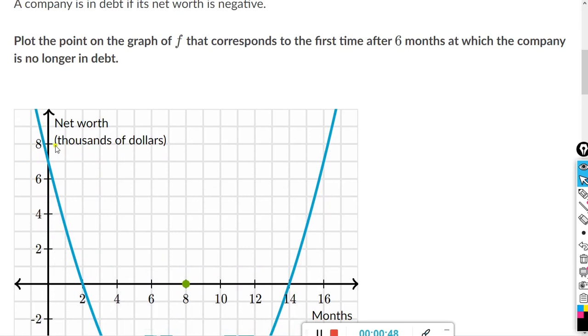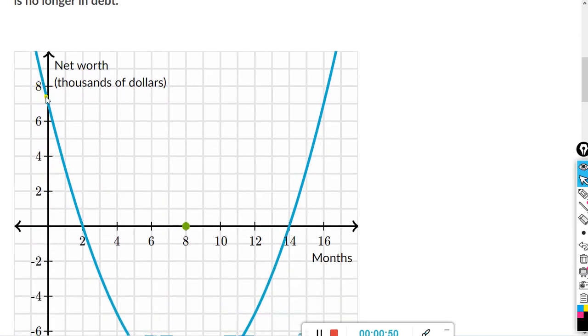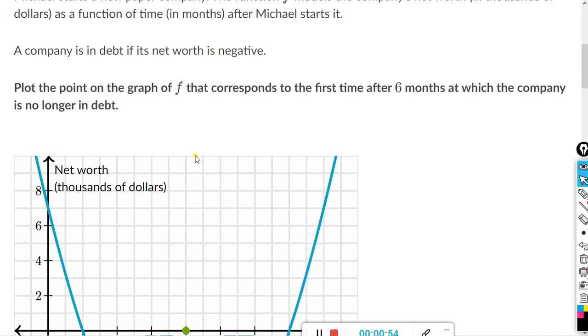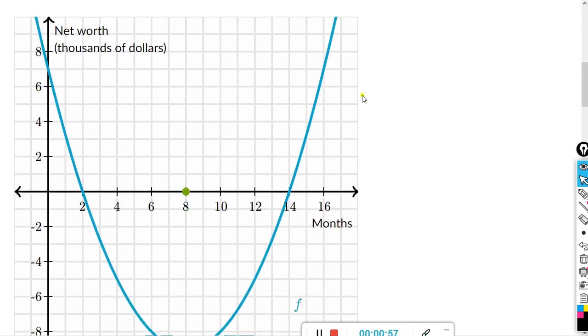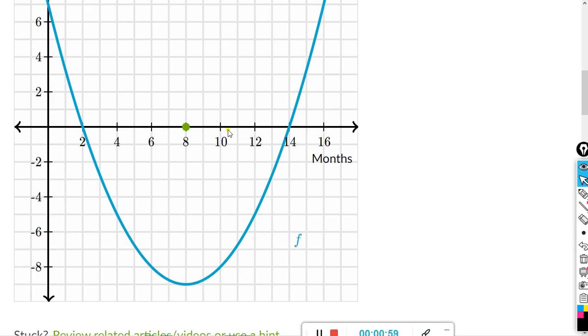All right, so here's the net worth on the y-axis. And it says after 6 months when they're not in debt. So the x-axis is months. Okay, here's 6 months, but they're still in debt at 6 months.